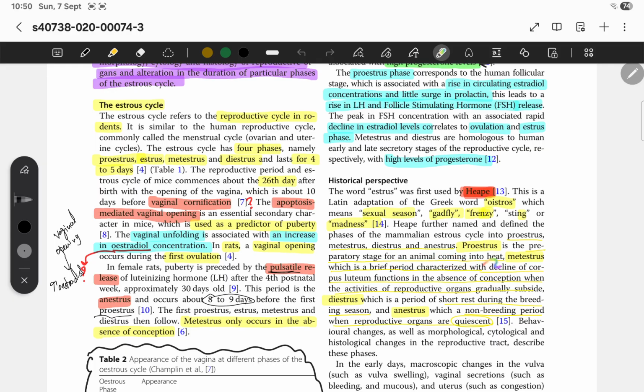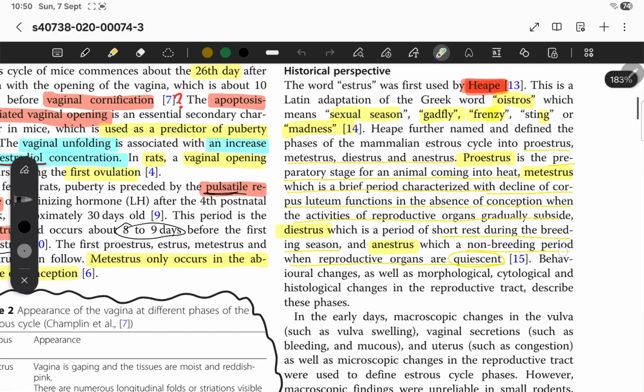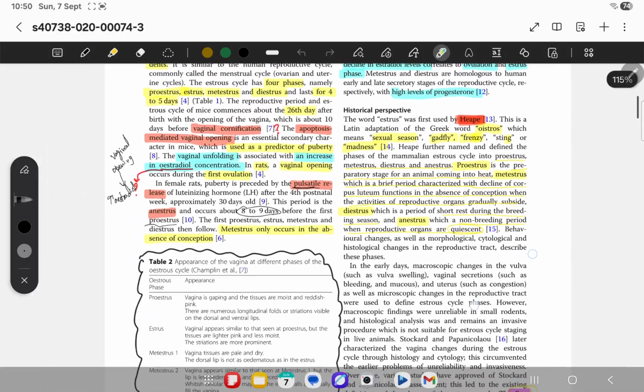Metaestrus is the brief period characterized by the decline of corpus luteum function in the absence of conception, when the activities of the reproductive organs gradually subside. Diestrus is the period of short rest during the breeding season, and anestrus is the non-breeding period when the reproductive organs are quiescent.